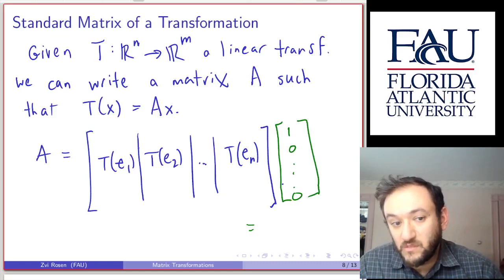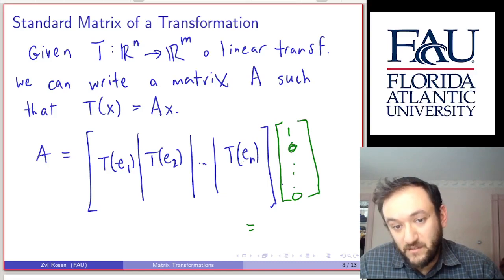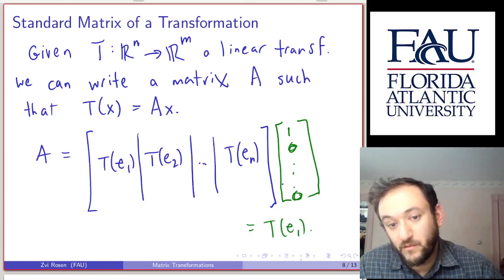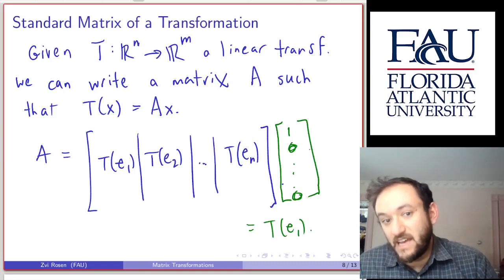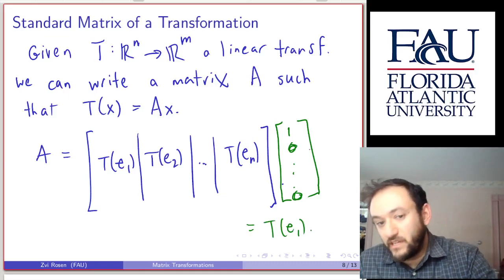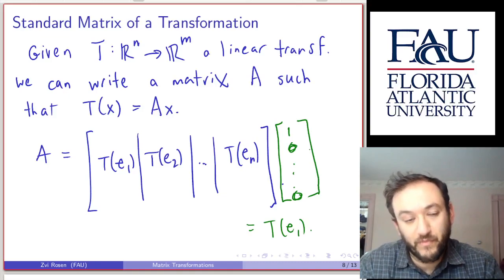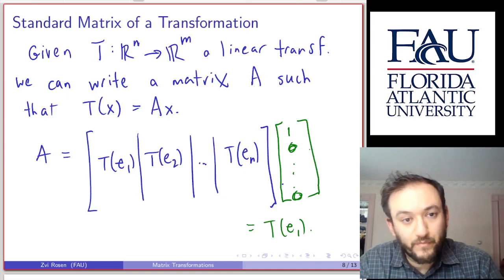Because every time you're multiplying by the later columns, you're picking up zeros. So the only column that shows up is the first column, and that's going to be T of e1. So plugging in e1 gives you T of e1, which is exactly what we want. And the same would hold for e2 and e3, etc.